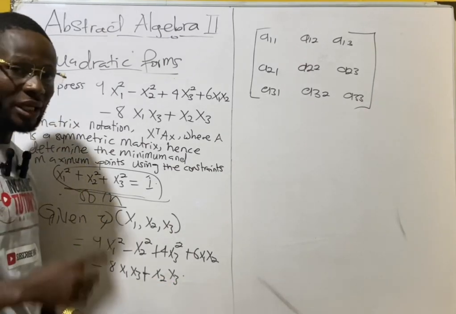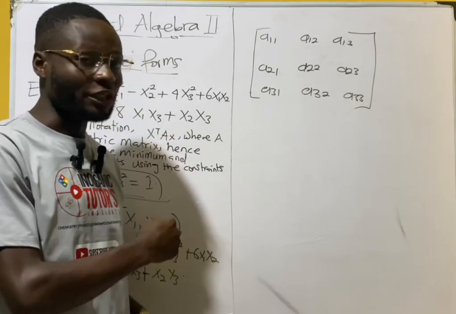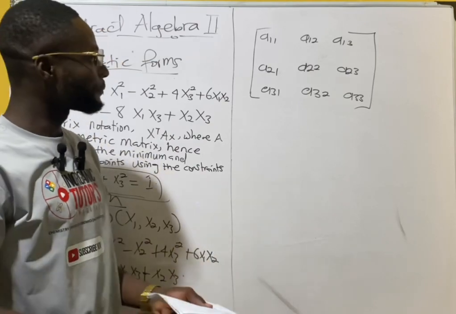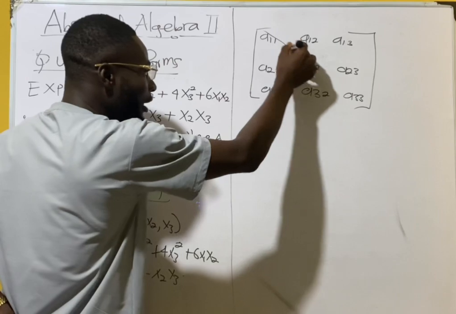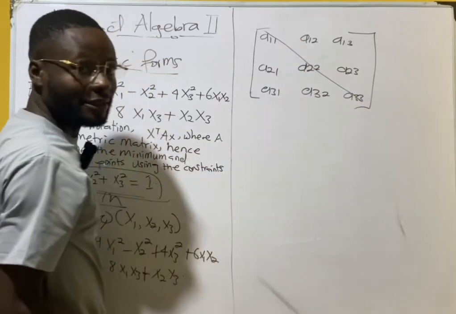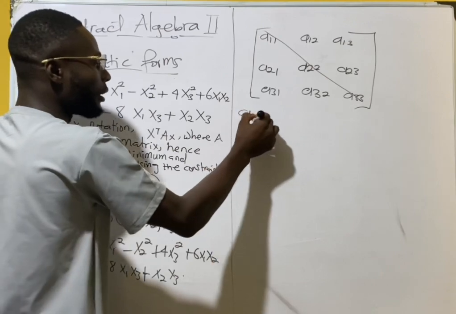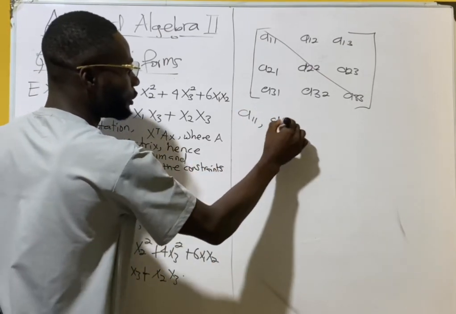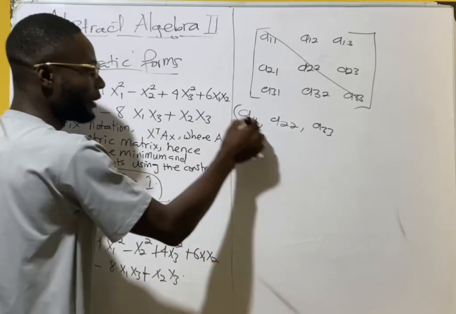So I want you to learn something very simple from here. From the 2 by 2, we learned it, but I want to mention it here again. You see, this is our main diagonal, right? The A11, A22, and A33 are the main diagonal elements.